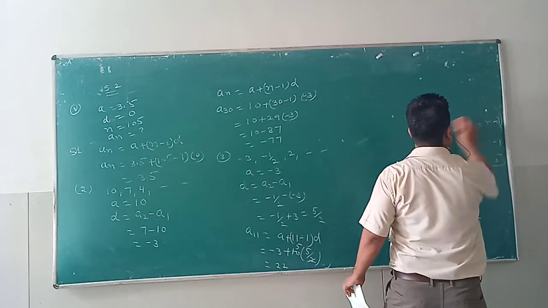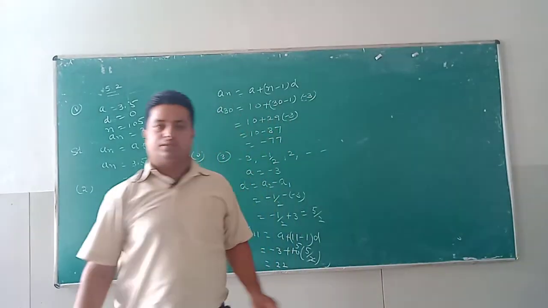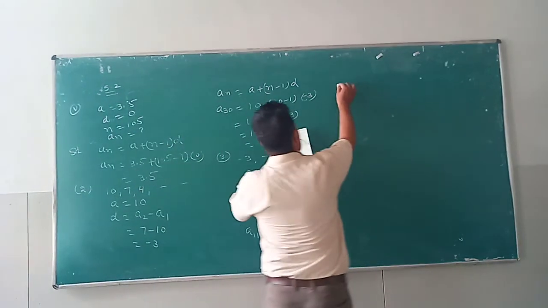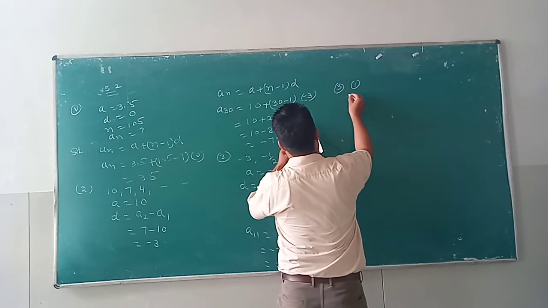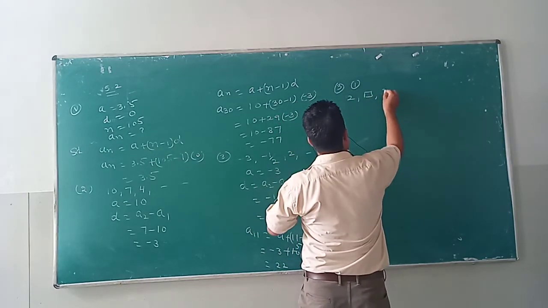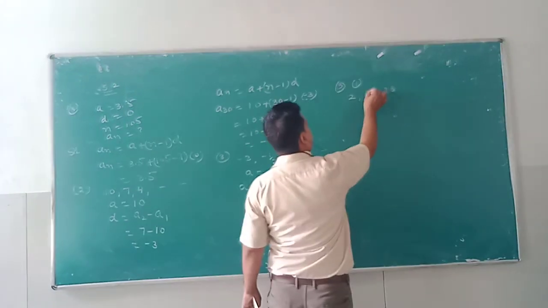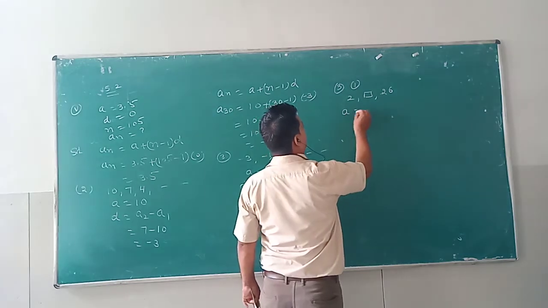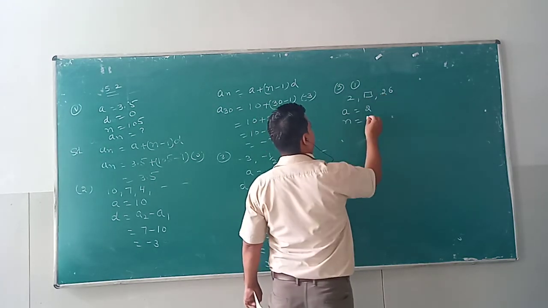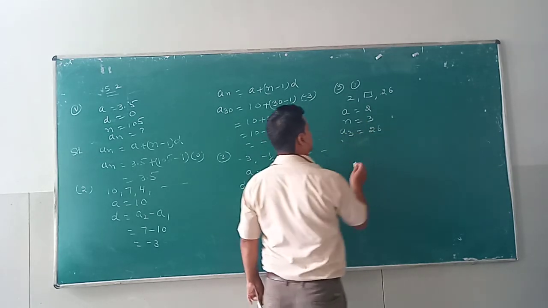In question number 3, we are required to find the missing terms. In the first question, the statement is 2, missing term and 26. This means we are required to find this term. For this, the first term is 2 and the number of terms 1, 2, 3, and the last term is 26.